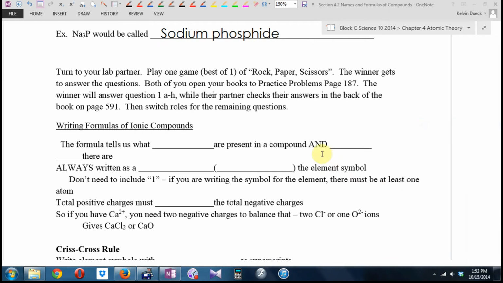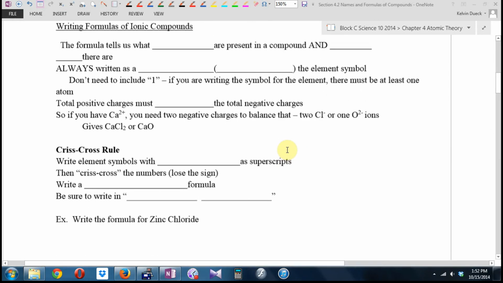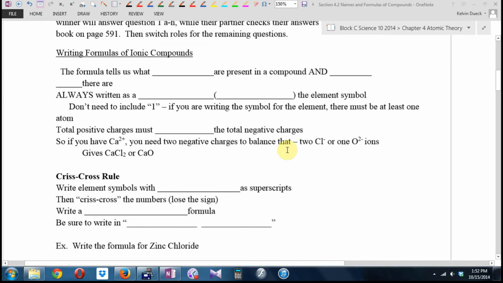It gets slightly more complicated, but not too bad. Writing formulas. The formula tells us what elements are present in a compound and how many of each element you need to get full electron shells.